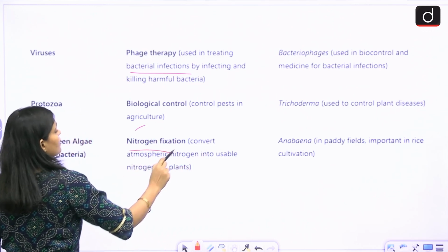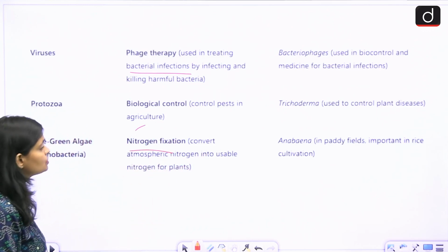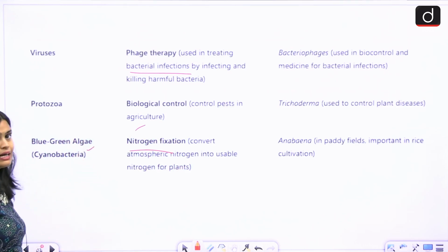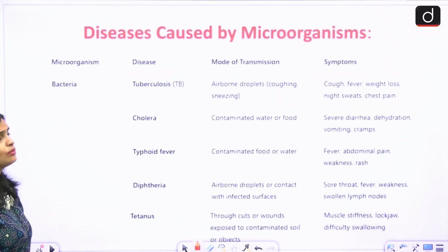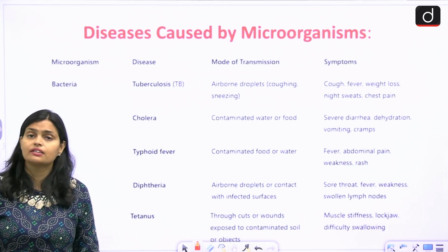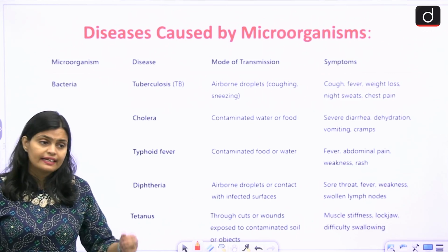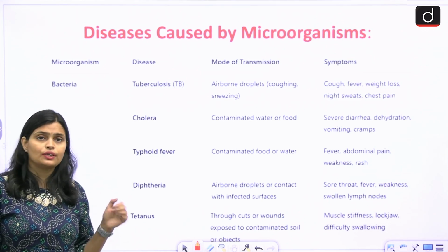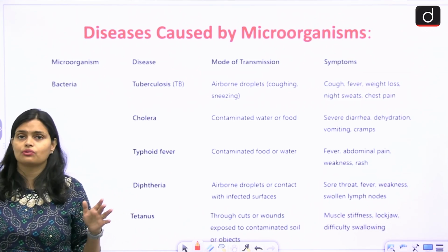Anabaena, nostoc are organisms used in nitrogen fixation. They are blue green algae, cyanobacteria. So these are some of the microorganisms on the list. I'll prepare it in the form of a list so that you directly get the names and their organisms. Just try to note it down and memorize all those.